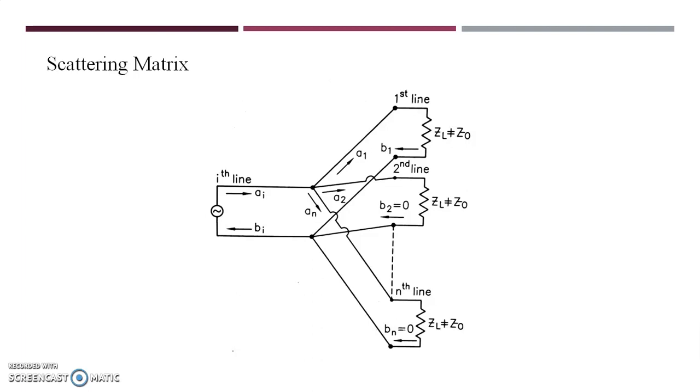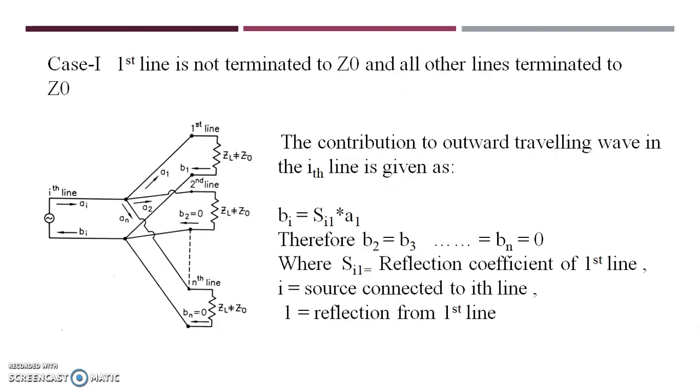And if the load is not connected with the characteristic impedance, there will be reflected power B1 at port 1, port 2 up to port N. So the standing wave pattern will occur, and from that the scattering matrix is generated. Now let us take two cases.